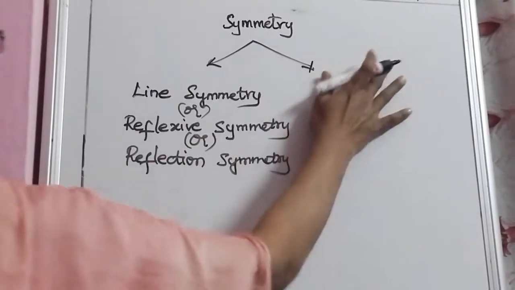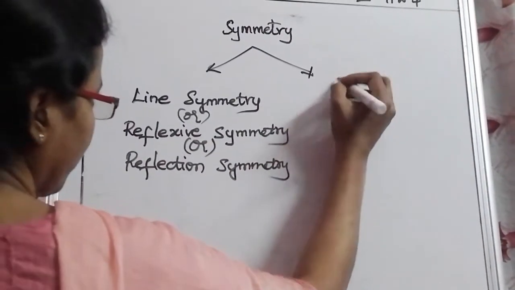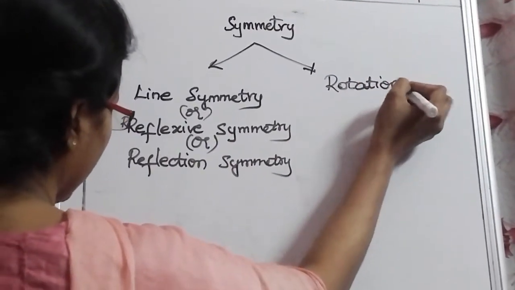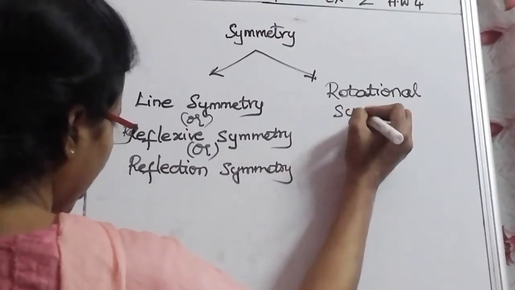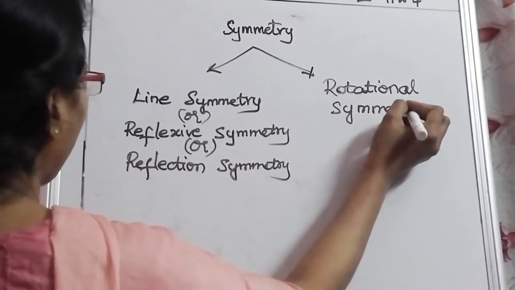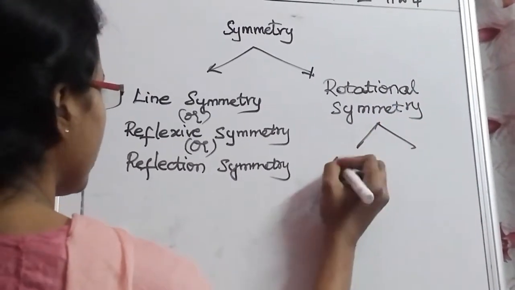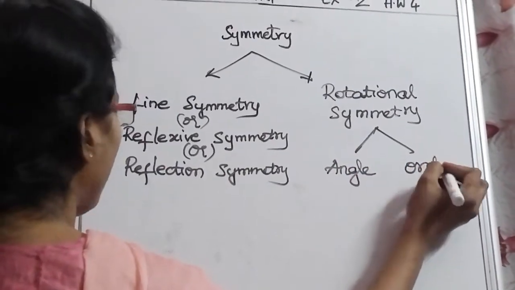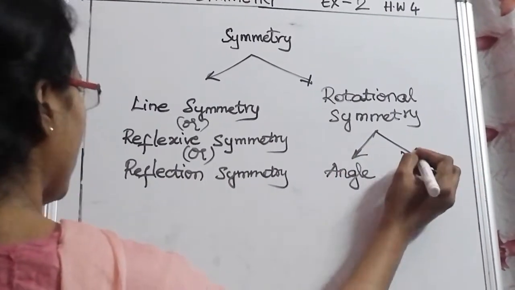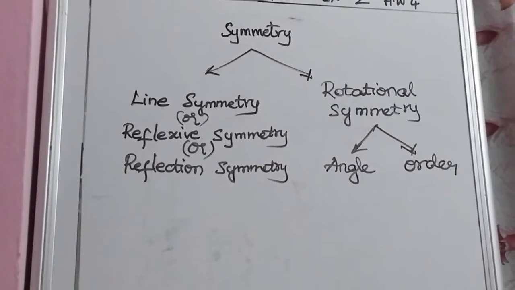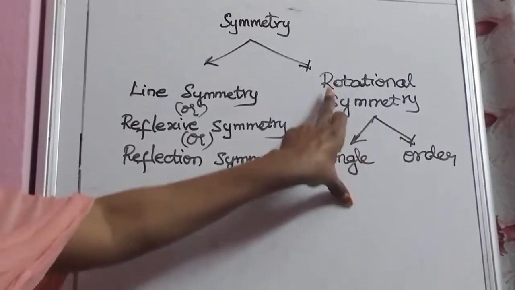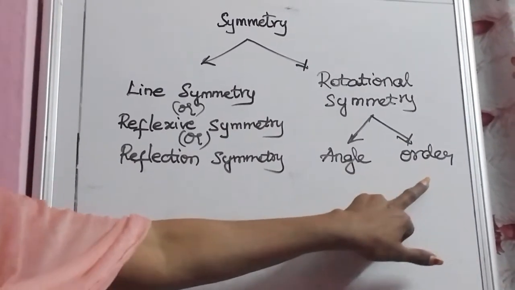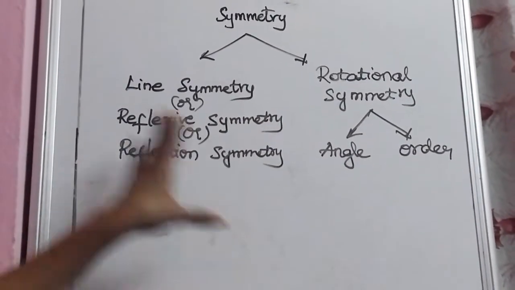The next part is rotational symmetry. For rotational symmetry, you have two parts. The first one is angle of rotational symmetry and the second one is order of rotational symmetry. This we have learnt already. I have explained to you previously. In rotational symmetry, angle of rotation is given and then the order of rotation is given.